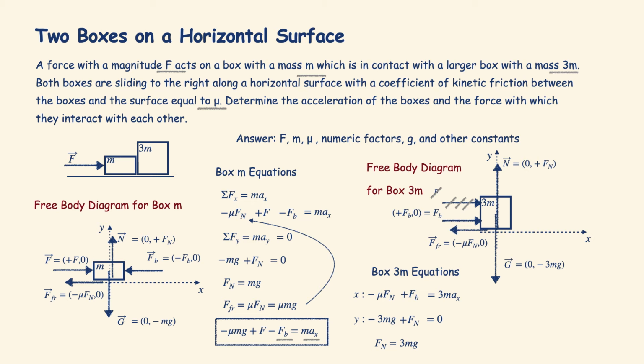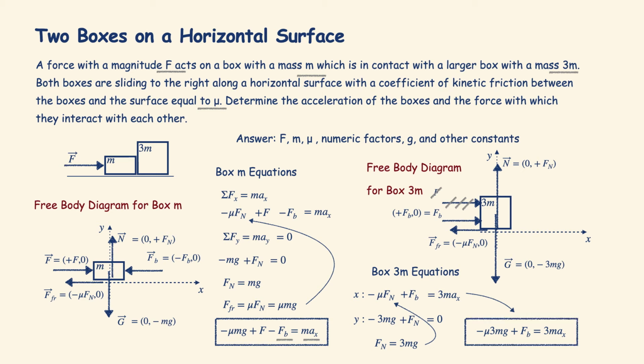Fn will be equal to 3mg. And so once I know that, I can go back to the equation for x and replace the normal force with its value, so that my equation here for the x becomes minus mu times the Fn, but now I'm going to write it as 3mg, plus Fb is equal to 3m times the x component of the acceleration.